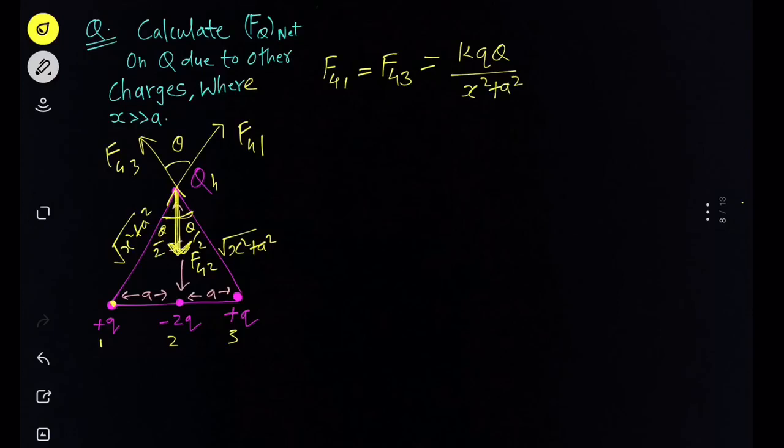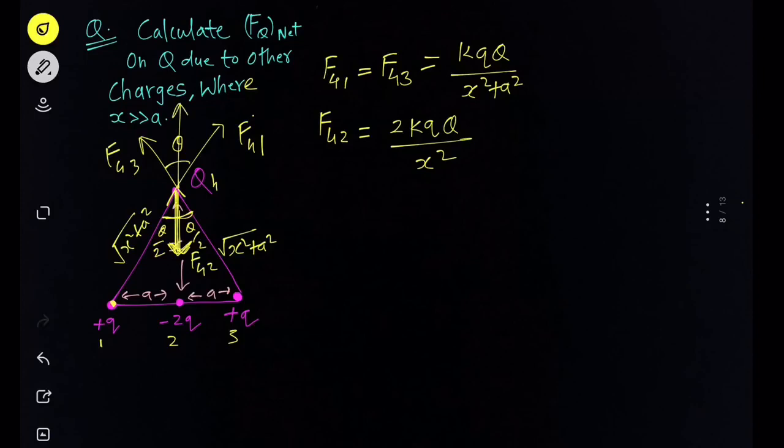Now F42, what is F42? We can write F42 as 2kqQ divided by x square only. Here also we can say that the resultant of F41 and F43 will act in this direction.